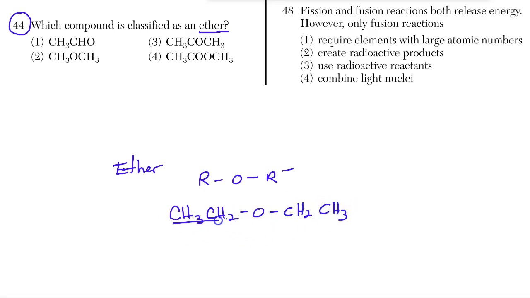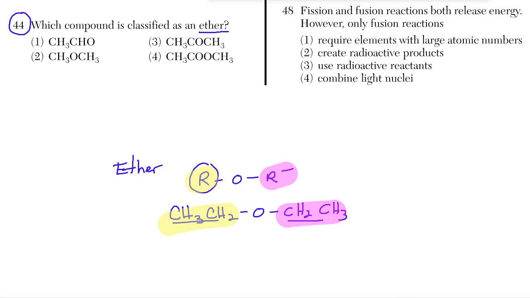And this 2-carbon group from Table P is an ethyl, so this would be diethyl ether. But it doesn't matter the name. You just need the rest of an organic compound, and then the rest of another one, that's R prime, with an O in the middle.